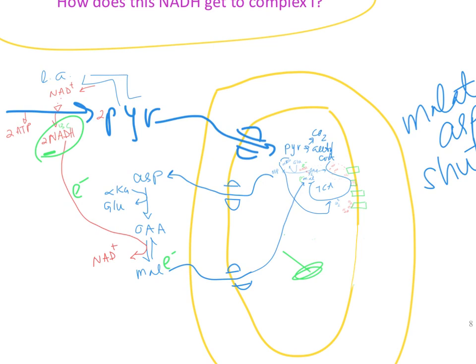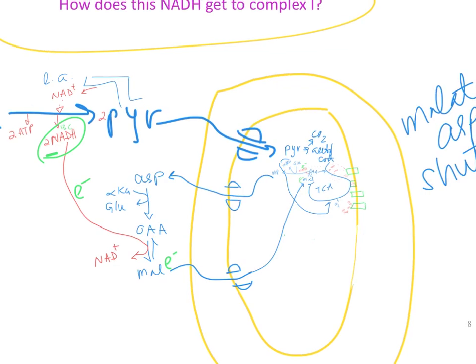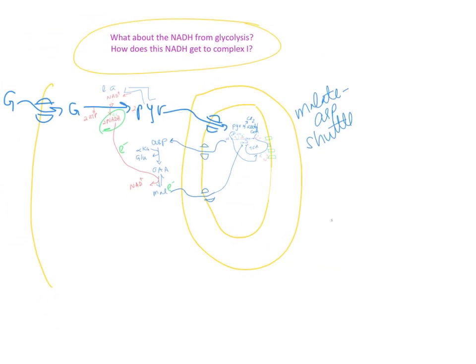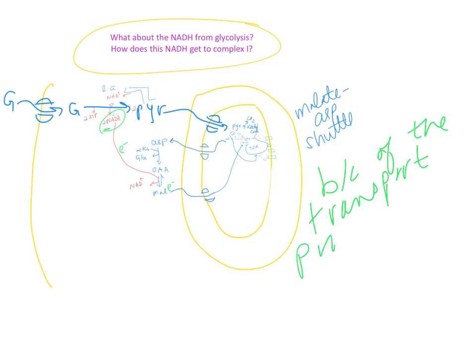Don't. Go away. The other thing that I want to point out about the malate-aspartate shuttle is that because of the transport process, the NADH from glycolysis is not worth as many ATPs.